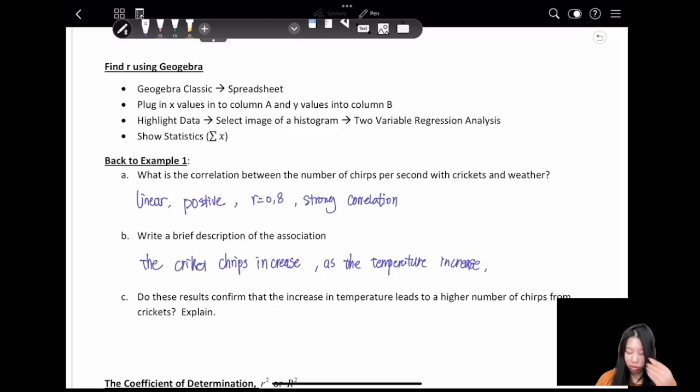And the correlation is strong. The correlation between these two variables is strong.